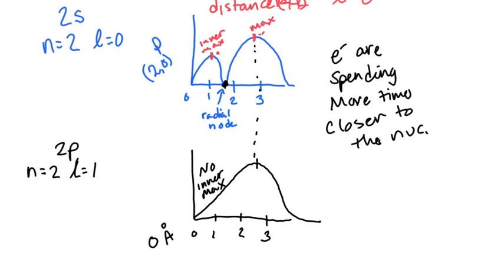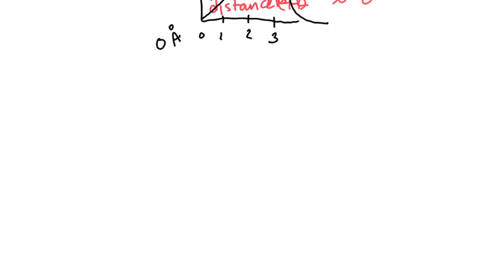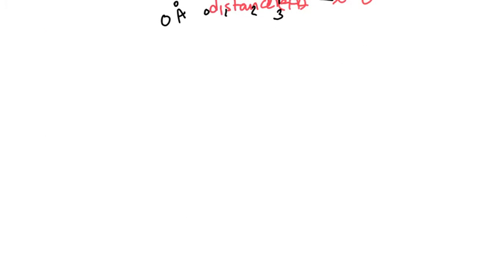And let me just show you one more thing. If you've noticed, there's an actual trend here, and you'll learn this in higher level chemistry courses that I know you're all going to take. But we say that there's a pattern. So we have a radial node pattern or equation.